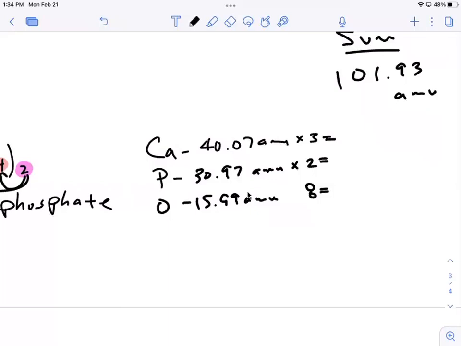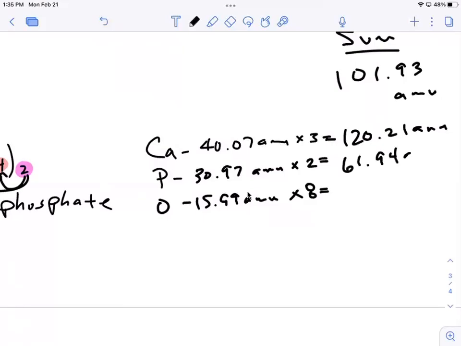All right, so somebody got, what's that? 120.21 for calcium. Yes, sir. 120.21 AMU. And then for phosphorus, it's going to be 61.94. Is that right?